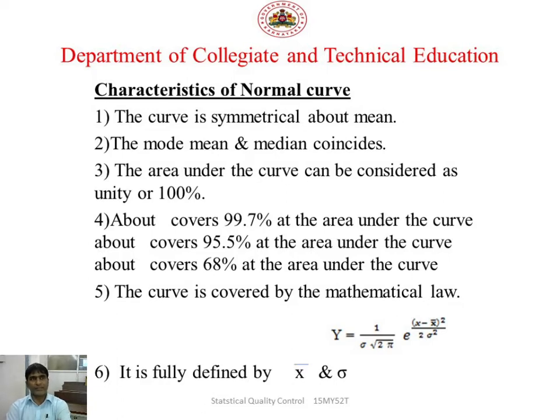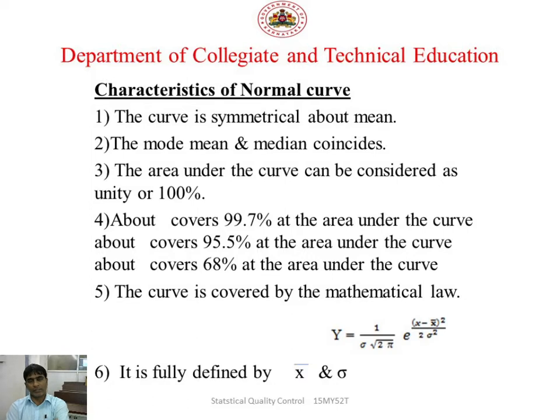The curve is governed by a mathematical law. As I told you, the mathematical law we use here is y equals 1 by sigma root 2 pi into e raised to minus (x minus x bar) whole square divided by 2 sigma square. That is the mathematical formula of this normal curve. One more point: it is fully defined by x bar and standard deviation sigma.